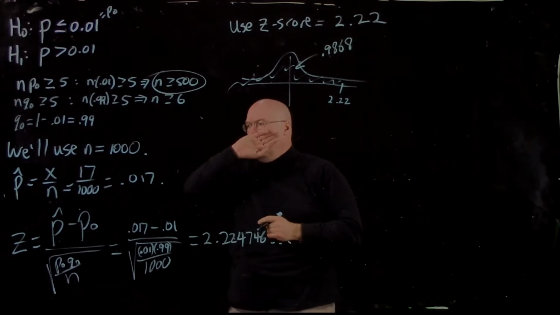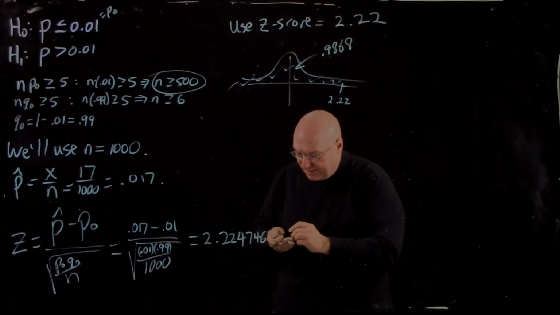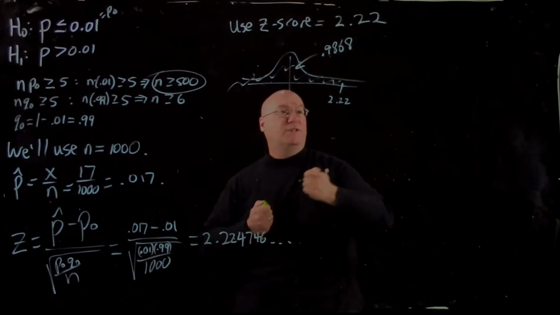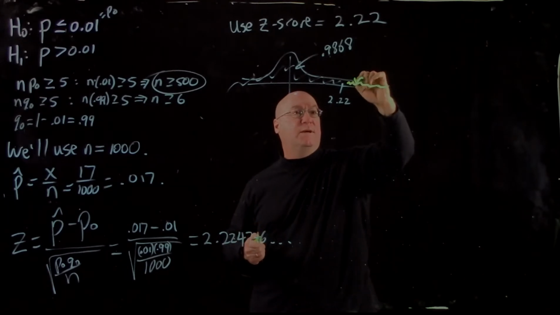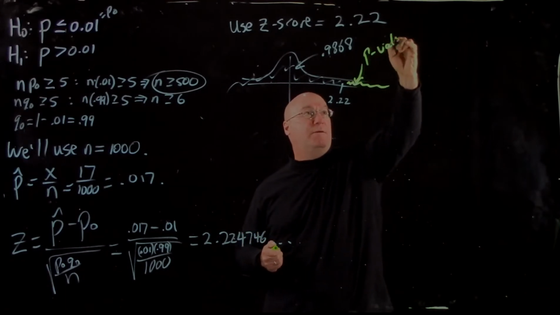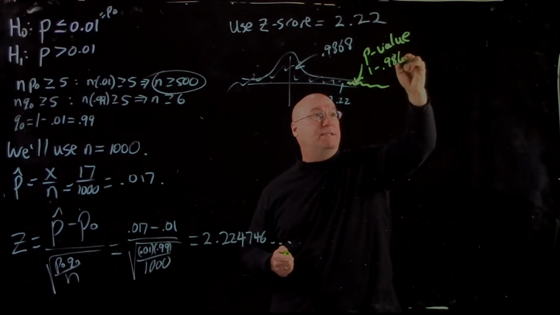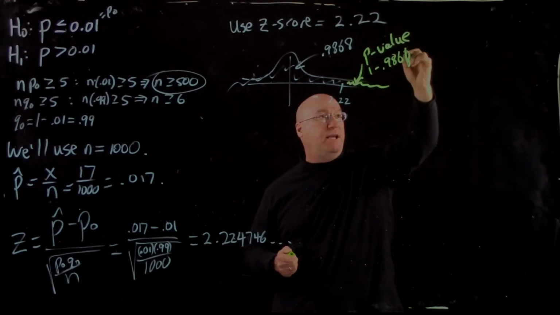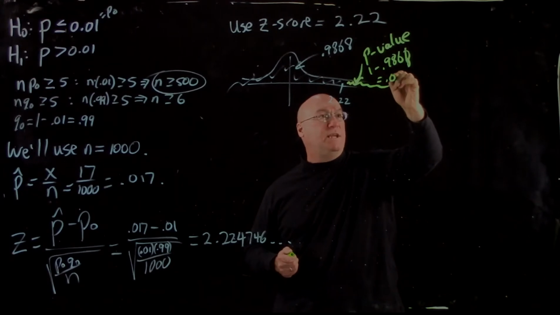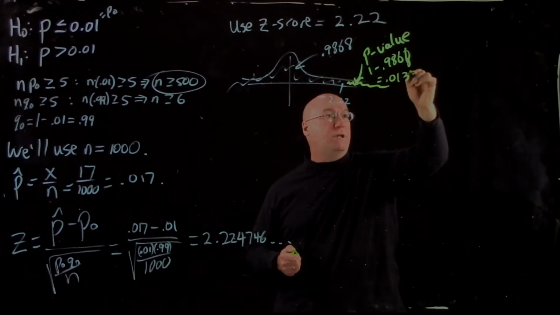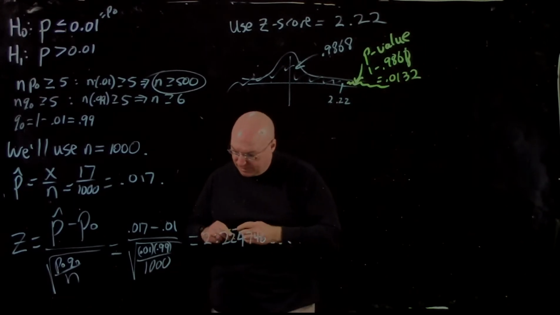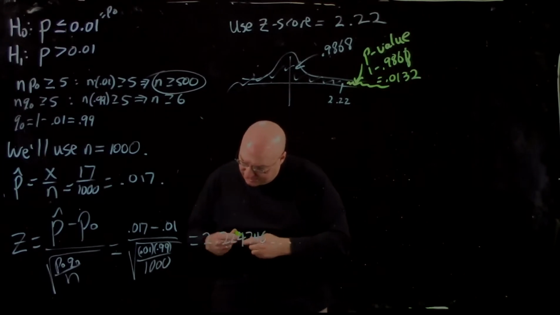So the tail probability associated with this, which is the p-value, is 1 minus 0.9868, so it's 0.0132.